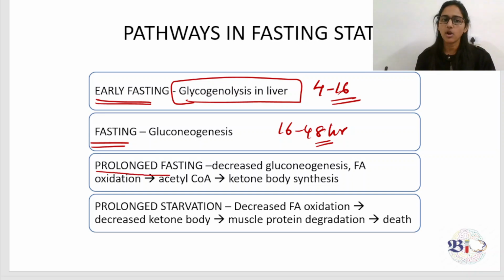Now, during prolonged fasting, when you don't eat for 2 to 5 days, there is excess fatty acid oxidation, right? So excess fatty acid oxidation will give us more acetyl CoA. The more acetyl CoA, instead of getting into the TCA cycle, will be diverted towards the production of ketone bodies, which can now be used as a fuel.